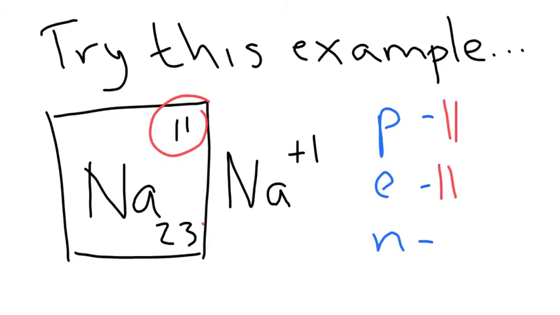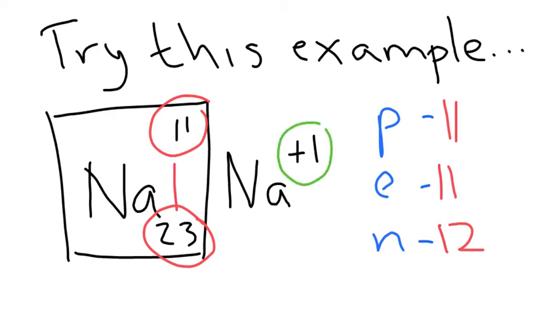Looking at the mass number and the difference between those two, that gives me 12 neutrons. However, there's a +1 charge on a sodium ion. That tells me that 1 electron has been lost. We started with 11 electrons, but if we lose 1 electron, we will only have 10 left.